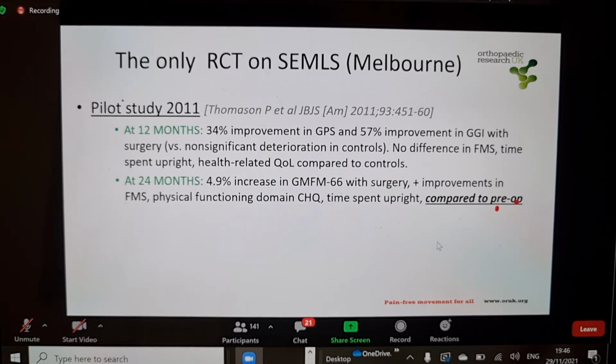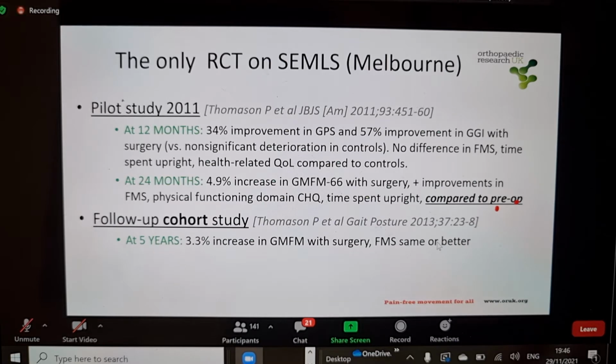What do you think? To me, that doesn't seem like a huge increase, but maybe that will mean a lot to a patient. They then followed up this cohort 5 years later, and they found that this improvement in motor function of 4.9% had dropped a little bit, but was still definitely there compared to pre-op, but only a 3.3% increase.